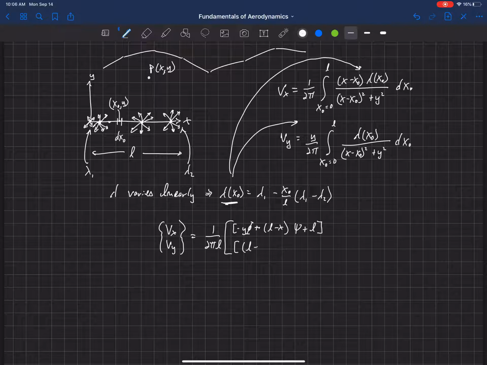Then we get L minus x capital phi plus y capital psi.